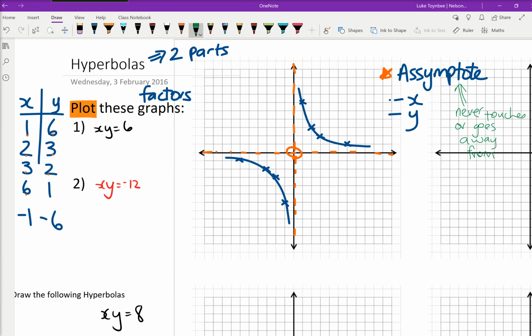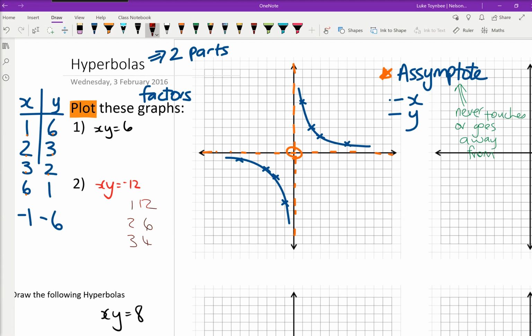All right. So, looking at xy equals 12 now. xy equals 12. What are we looking for? Factors of 12. Factors of 12 are 1 and 12, 2 and 6, 3 and 4, 4 and 3, 6 and 2, 12 and 1.